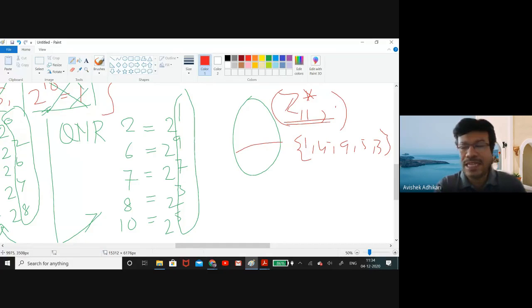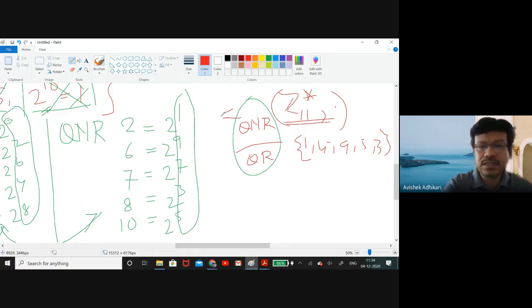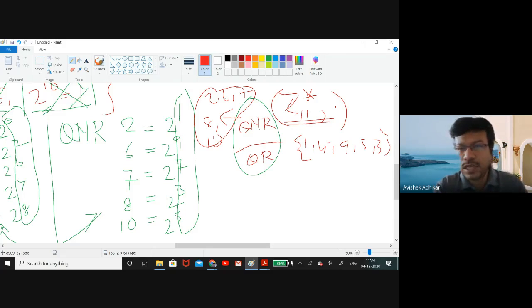Now I am saying something more. So these are quadratic residues and these are quadratic non-residues, and they contain the elements 2, 6, 7, 8, and 10. Now what this result says is that if you have the group to be an abelian group, then the set of quadratic residues is a subgroup of that group.